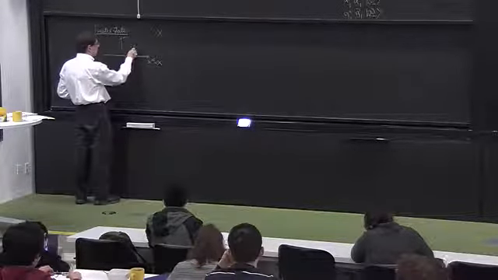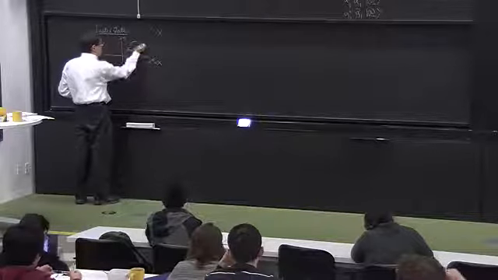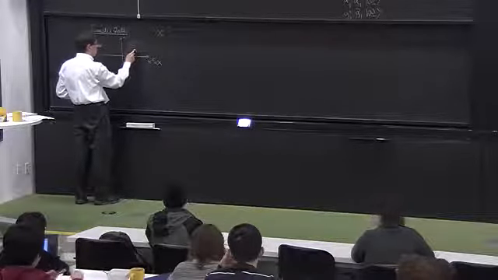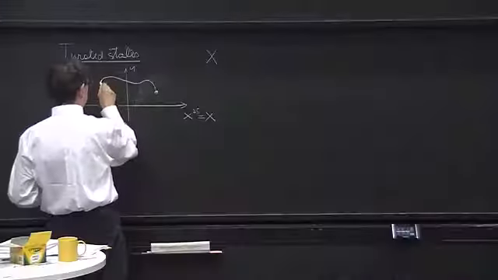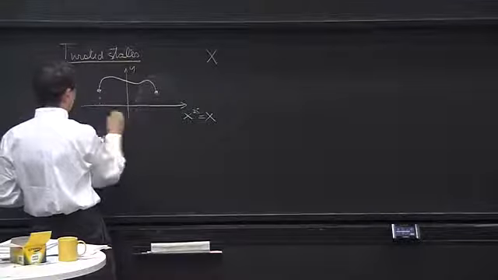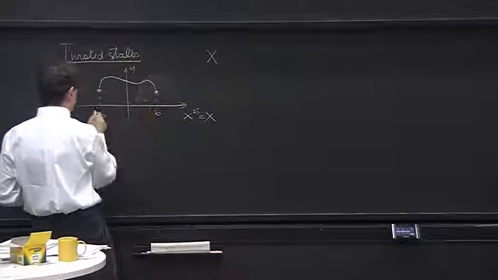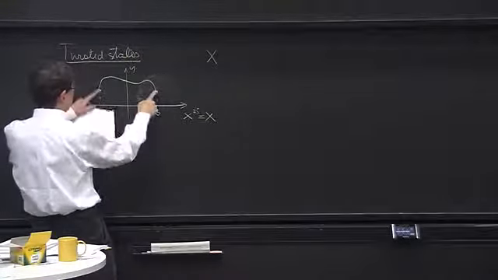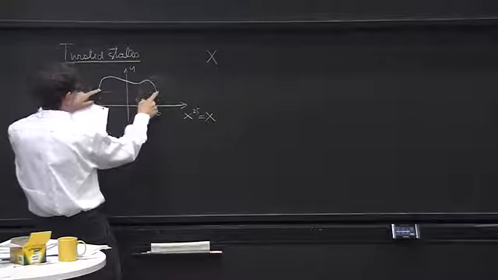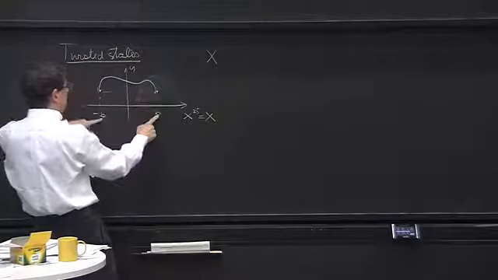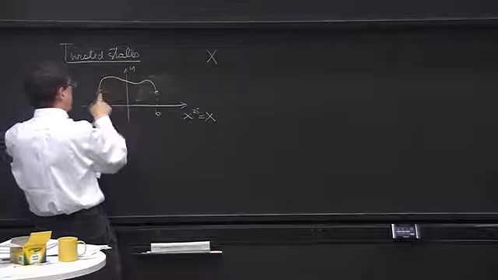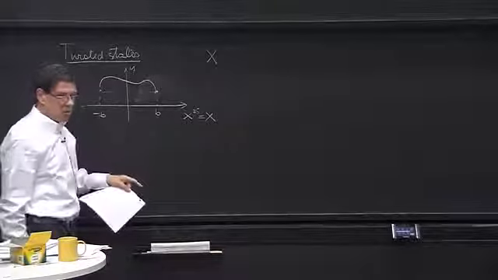A closed string could be closed, but it could just begin here, do some funny things, and end up here, where this is, say, a point B, and this is minus B, because this point is the same as this one, because of the orbifold identification. So the string may look open, but it's really closed.